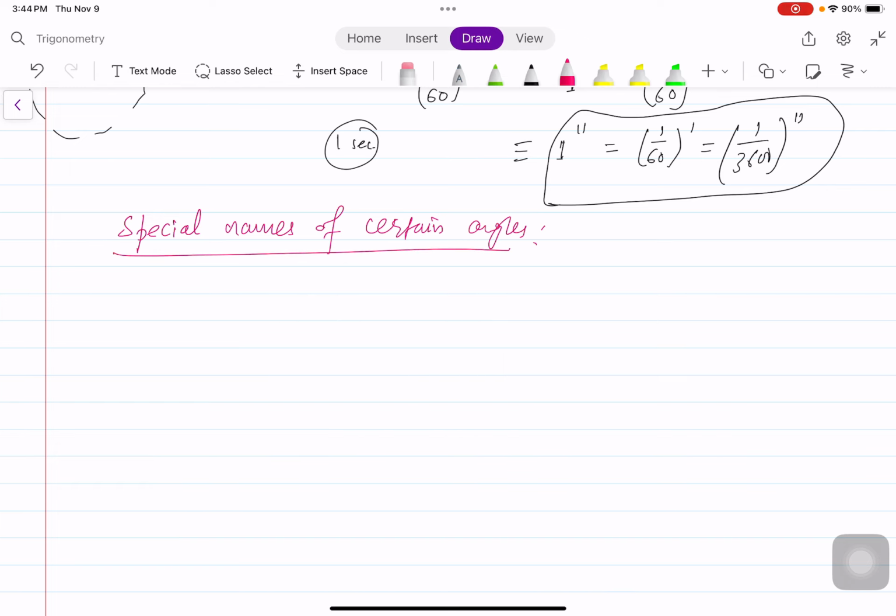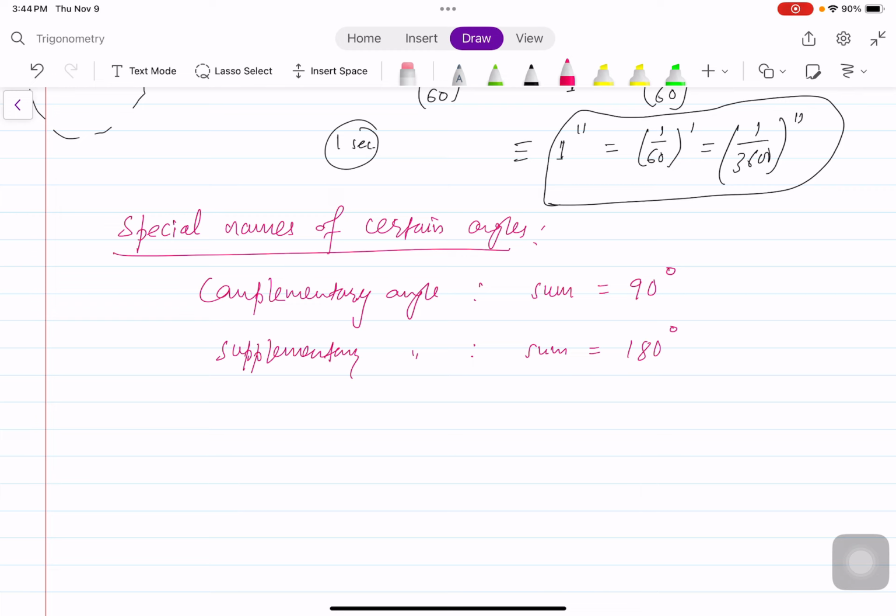So first of all, complementary angles. Two angles are said to be complementary if the sum of the two angles is 90 degrees, and they are called supplementary angles if the sum of the two angles is 180 degrees.